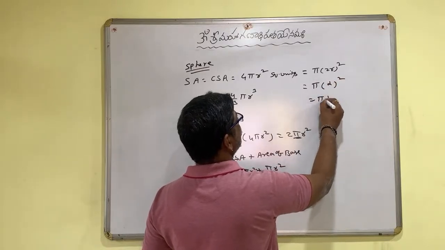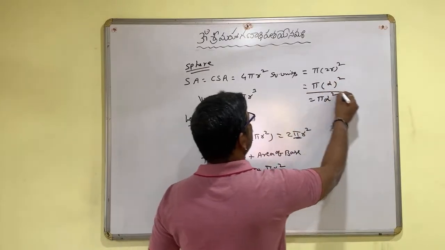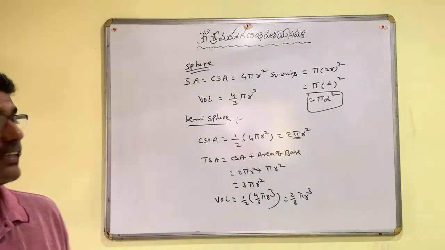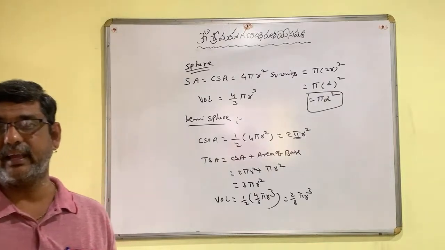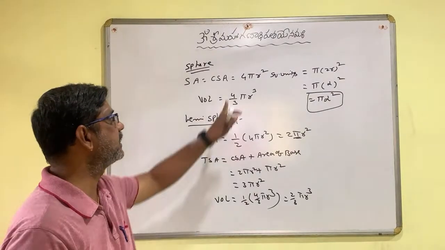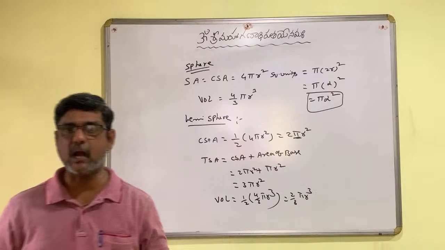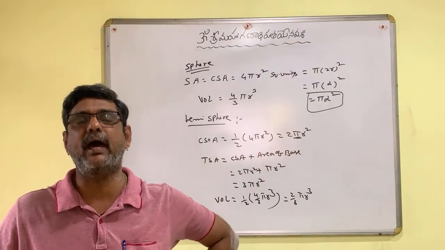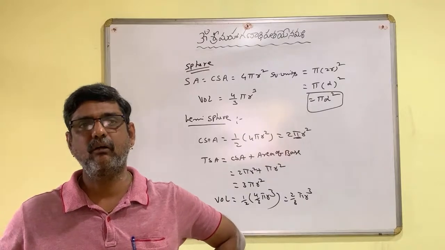So for calculating surface area of sphere, we can use the formula pi d square also.